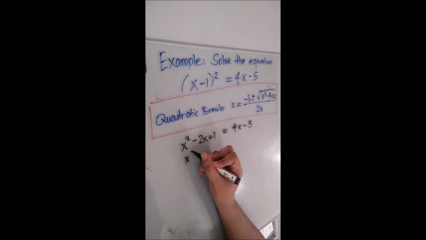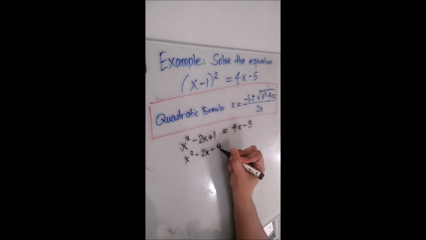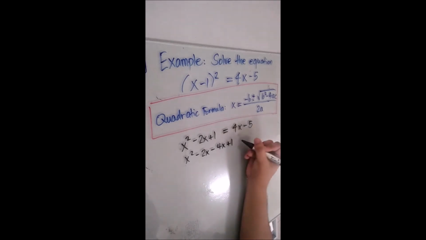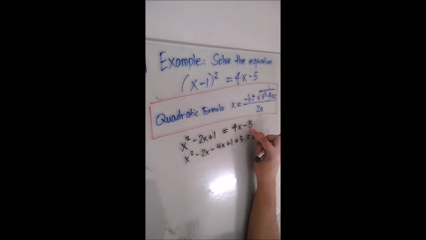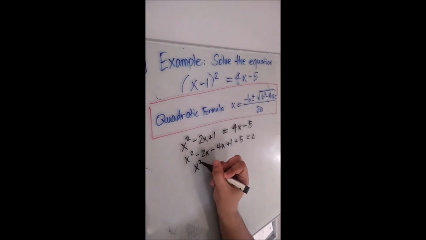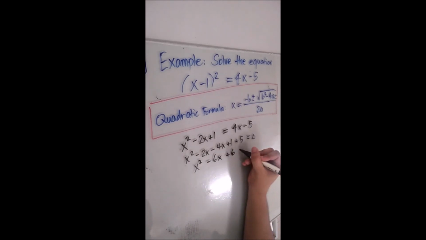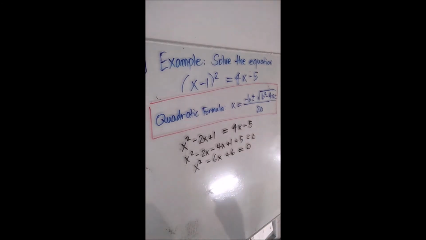So we have x squared minus 2x minus 4x plus 1 plus 5 is equal to 0. 4x becomes negative 4x, and negative 5 on the left-hand side becomes positive. Then you simplify, combine like terms. So you have x squared minus 6x plus 6 is equal to 0.